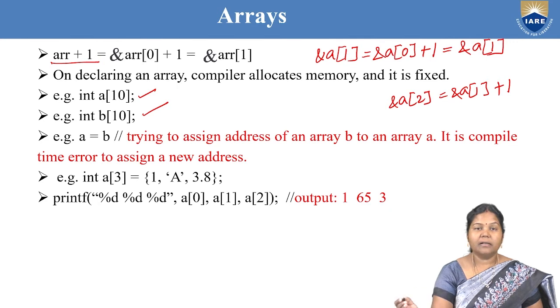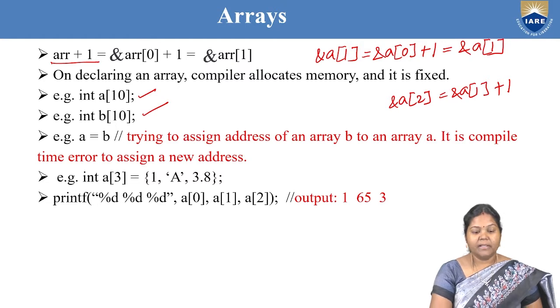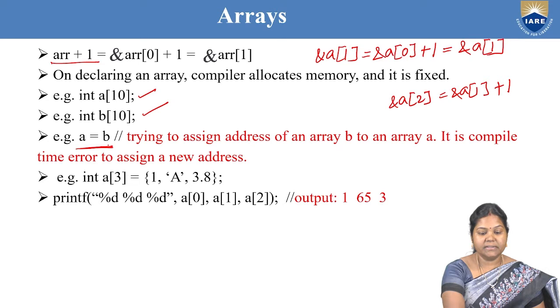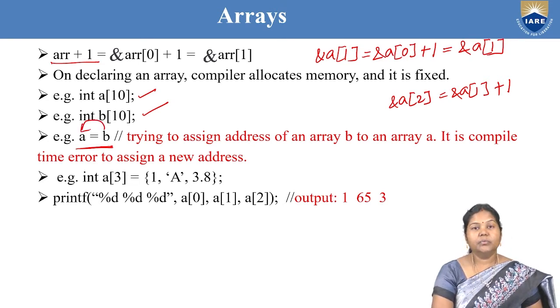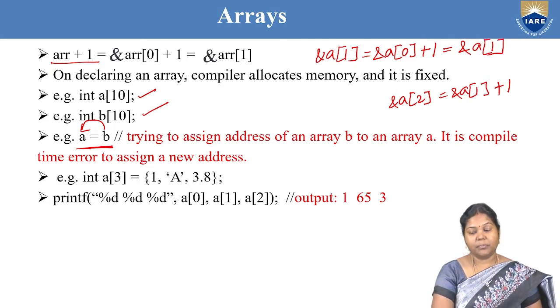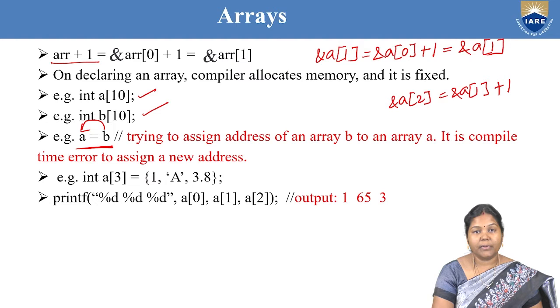Both have memory allocated in two different areas of memory. Now, if you try to assign A is equal to B, that means you are trying to store the address of B into the address of A, which is not possible. So you will get a compile time error if you try to assign a new address to A.